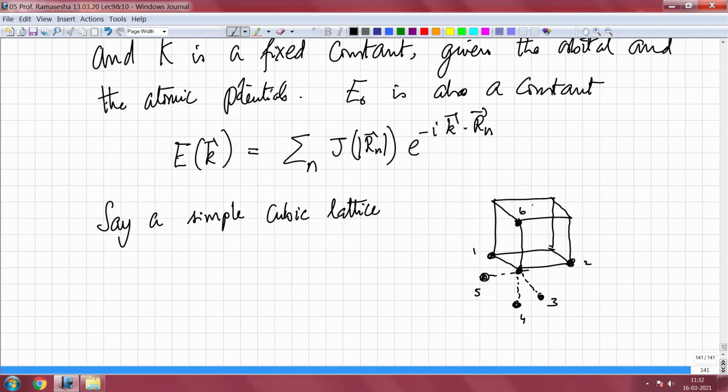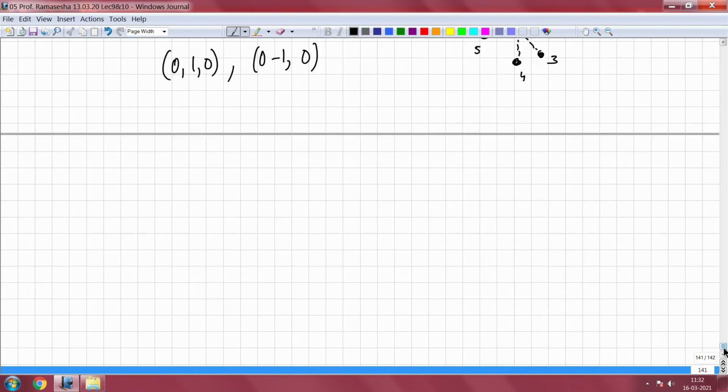These nearest neighbors are at positions 1, 0, 0; minus 1, 0, 0; 0, 1, 0; 0, minus 1, 0; 0, 0, 1; and 0, 0, minus 1, and J is the same for all these 6 sites.